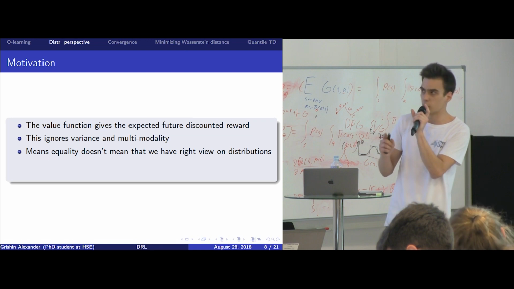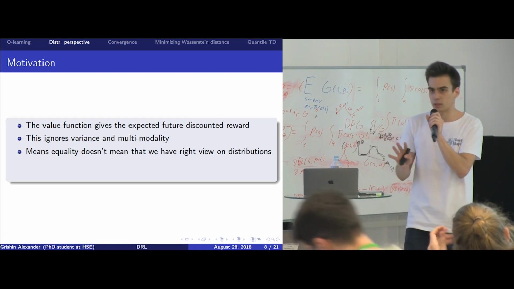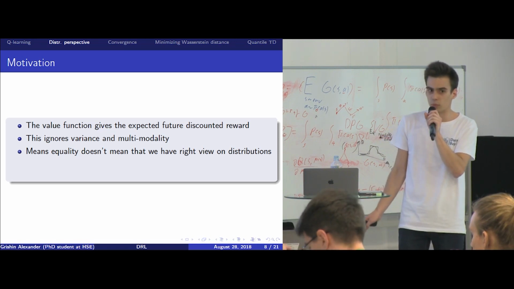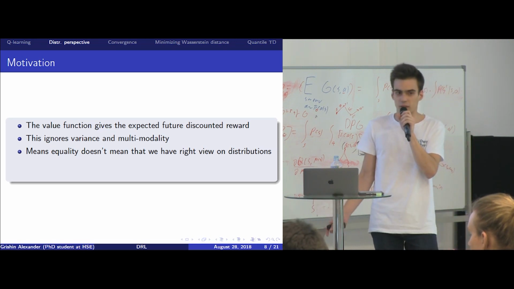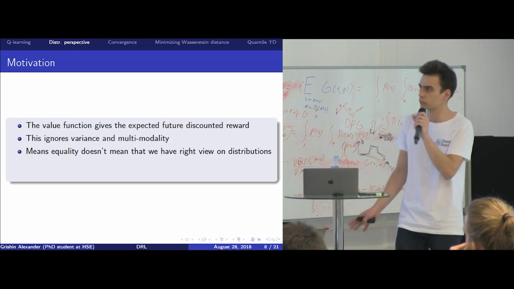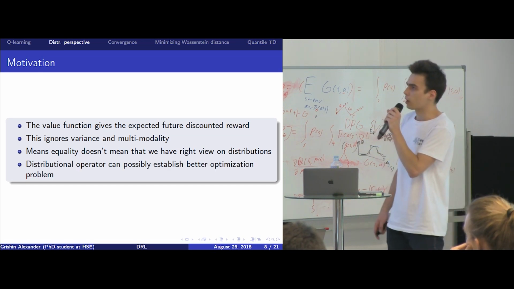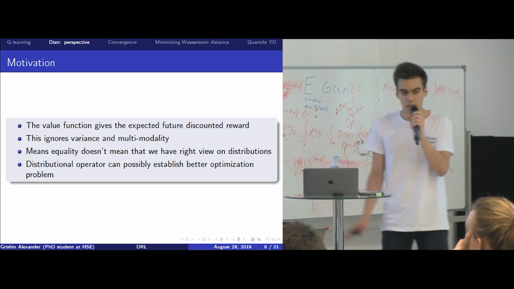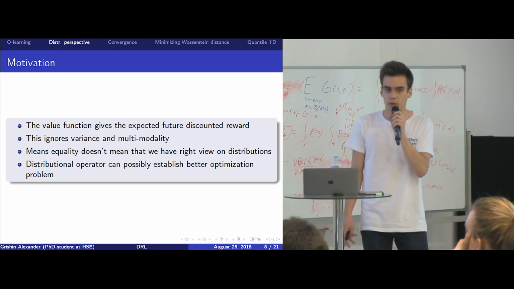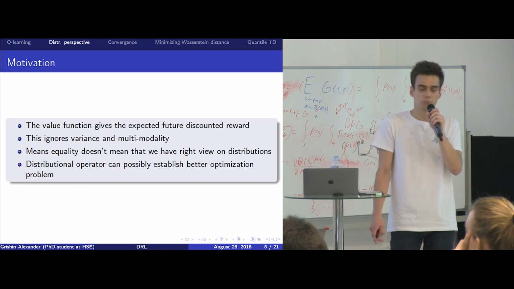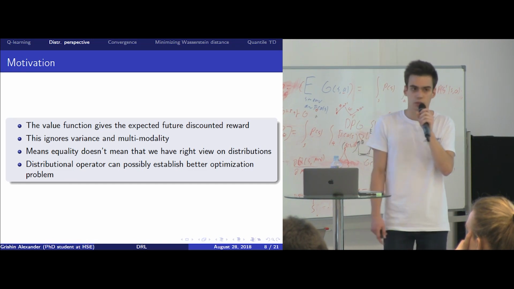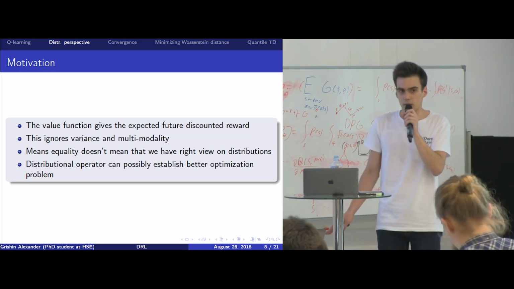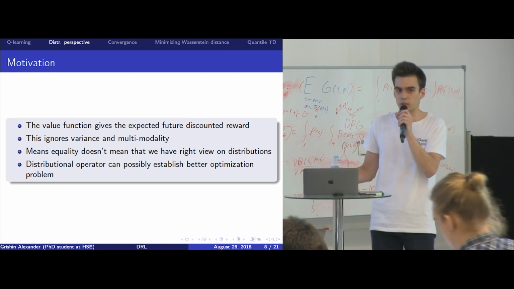So Q-learning will be okay with that, but distributional will not. It's pretty clear that something is wrong with that. And the distributional operator can possibly establish a better optimization problem, and we will see in experiments that it's okay. The convergence may be faster, and the final policy may be better.